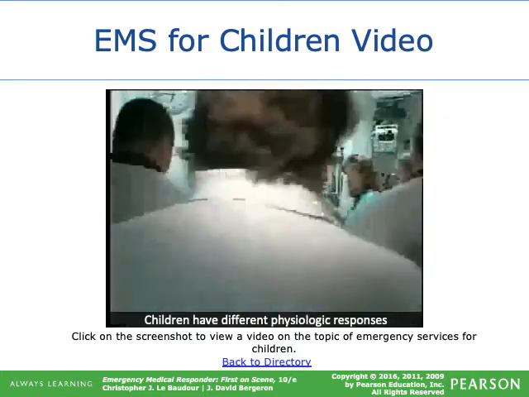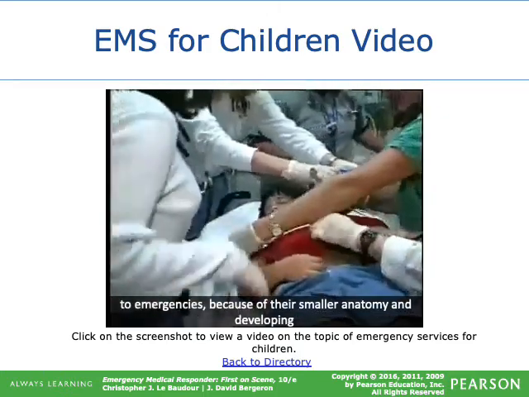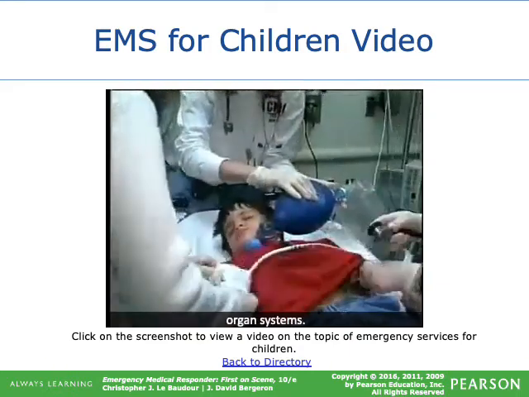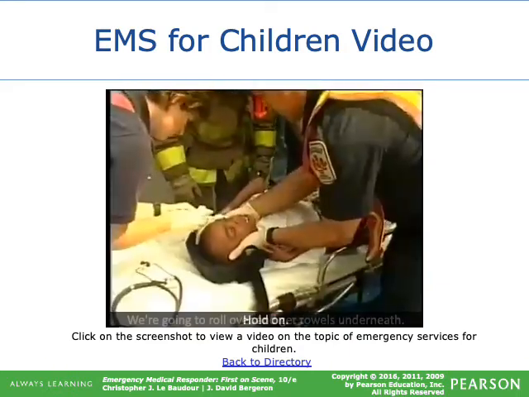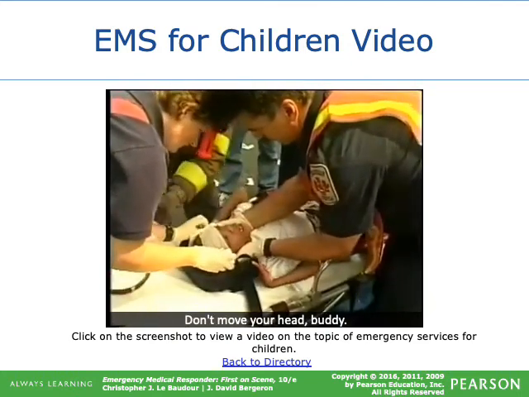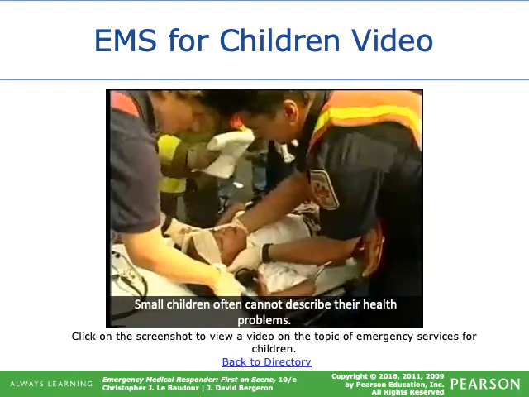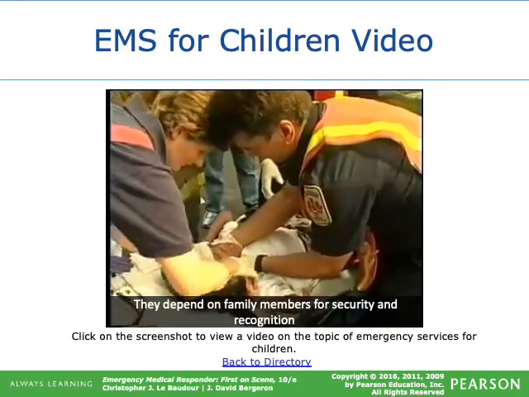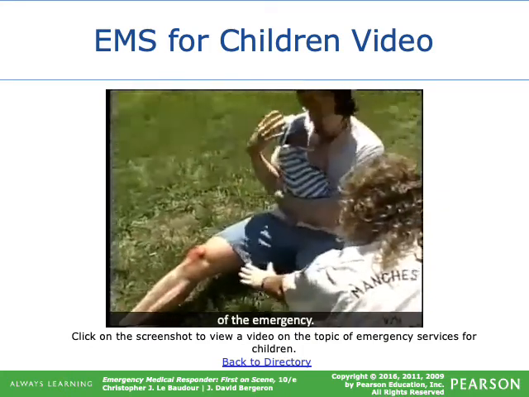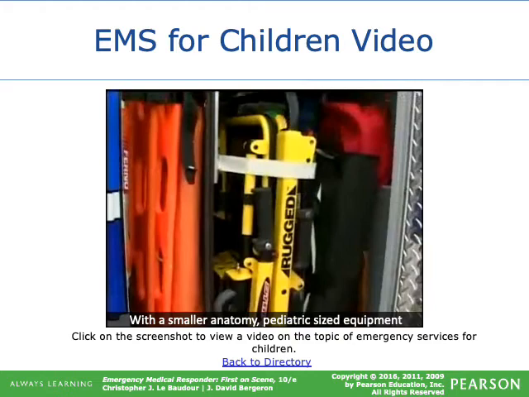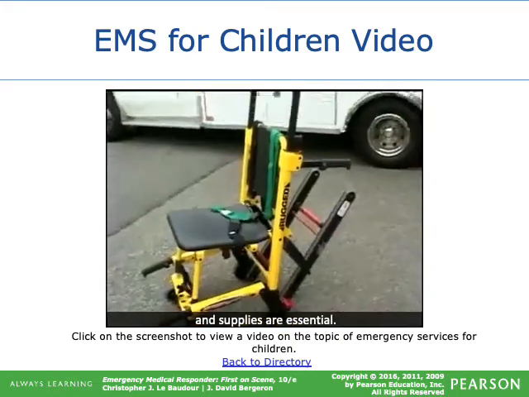Children have different physiologic responses to emergencies because of their smaller anatomy and developing organ systems. Okay, hold on. We're going to have to log roll and get the towels underneath the chair. Small children often cannot describe their health problems. They depend on family members for security and recognition of the emergency. With the smaller anatomy, pediatric-sized equipment and supplies are essential.